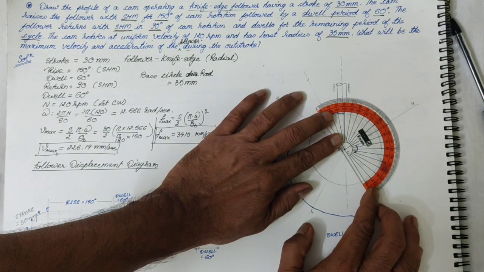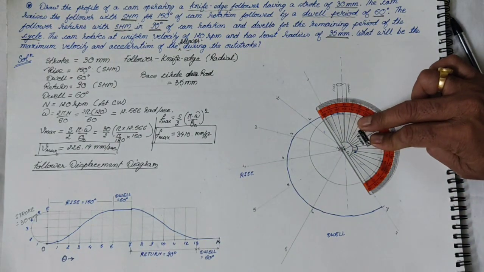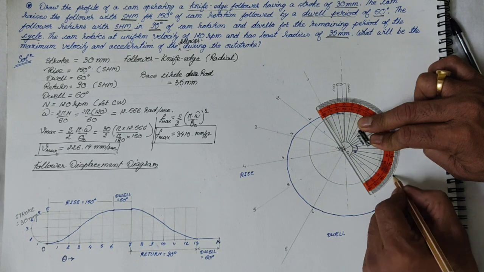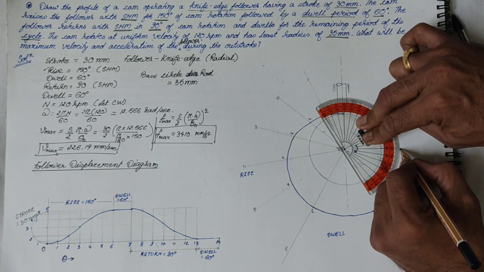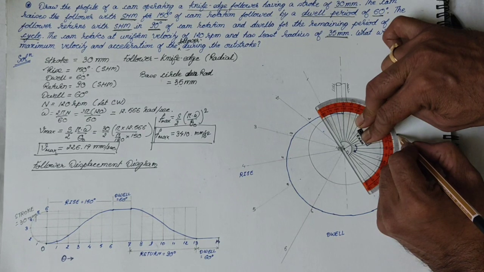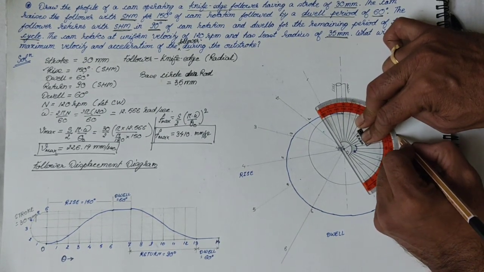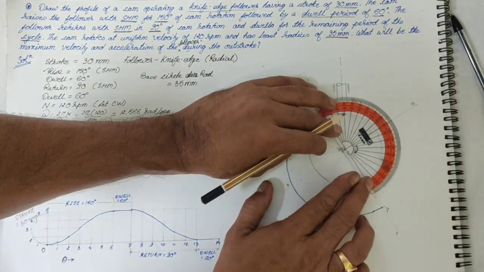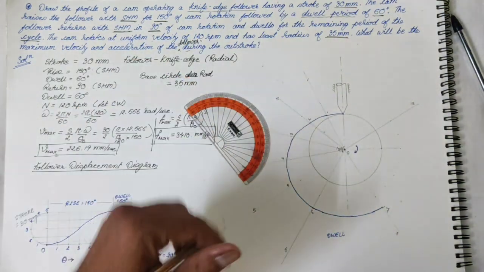So we will mark 15 degrees, 15, 30, 45, 60, 75, and 90.